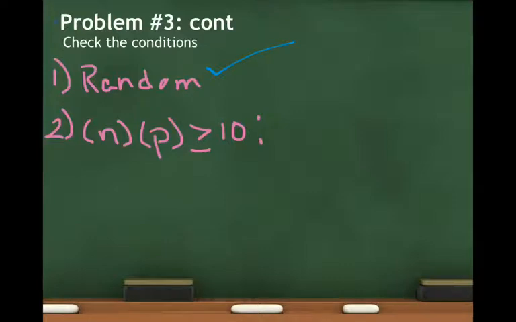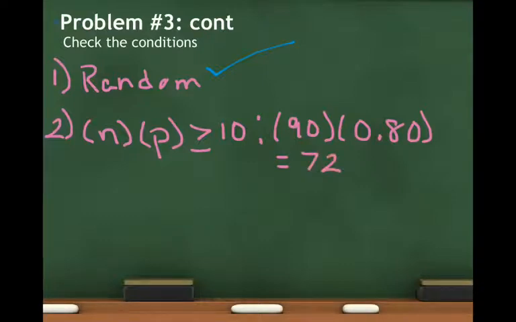Our sample size is 90, times the population proportion 0.8. If you find that value, that should give you 72. 72 is greater than 10, and so that checks out.